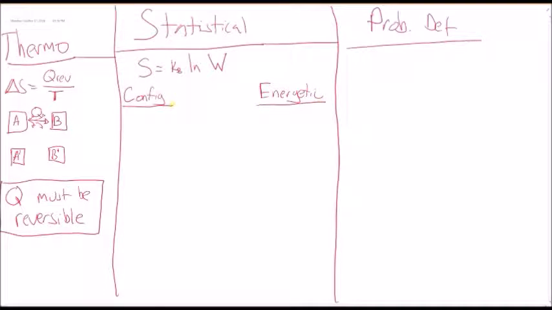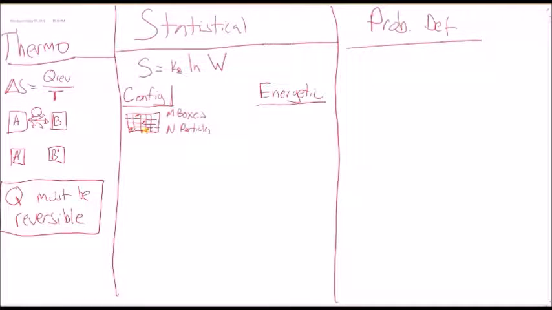So for configurational, it's best to think of some container that's divided up into M boxes. And within the container, we have N particles. So N particles distributed within those M boxes.